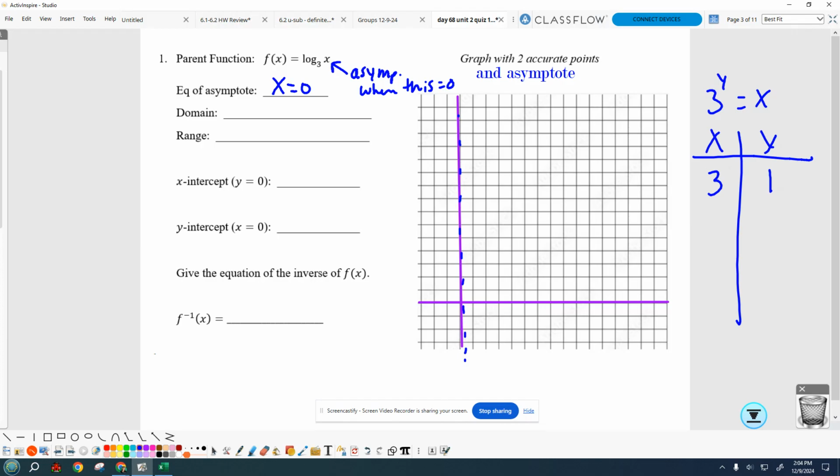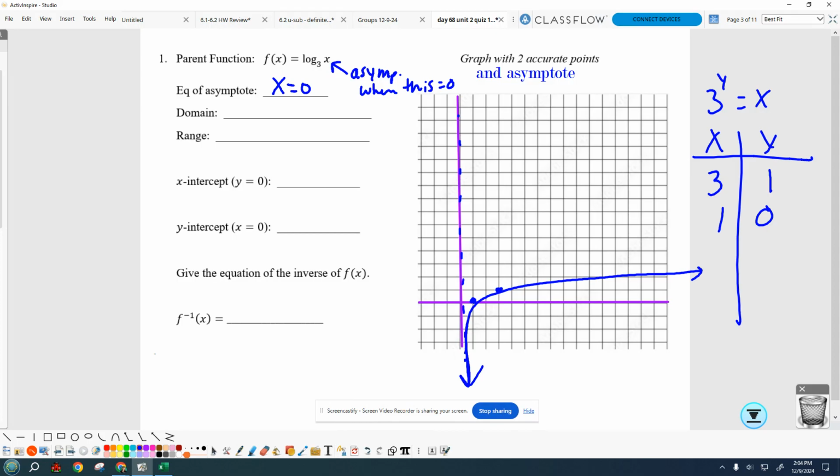She said base comma 1, there it is, 3, 1. And then she said, okay, plugging in the 0, 1, 0. So if you get 2 accurate coordinates and the vertical asymptote, that's your graph. It is forever going up, but super slow.